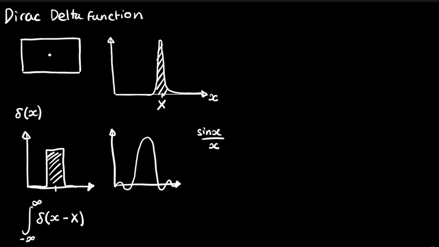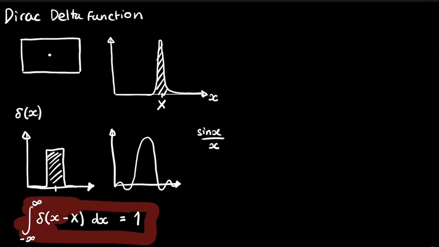If we integrate that across x throughout the entire region between minus infinity and plus infinity, we'll get 1. So that is how a Dirac delta function is more properly defined: the area underneath the delta function is always 1. That's an important property.